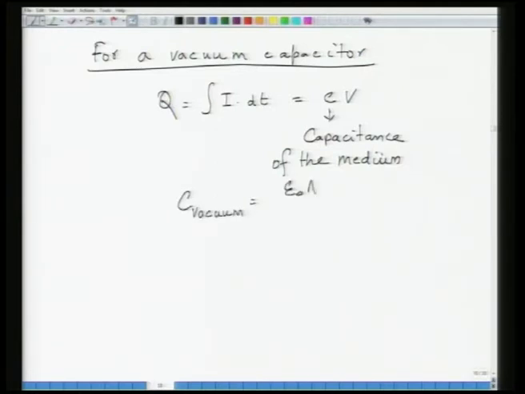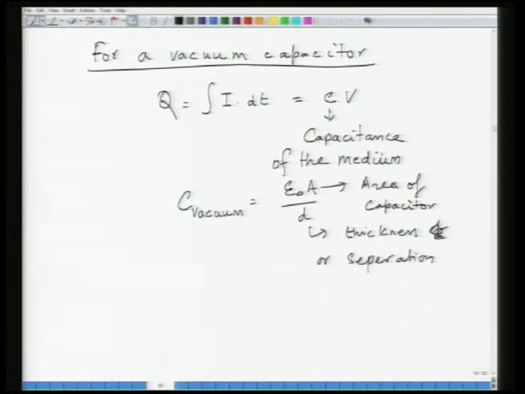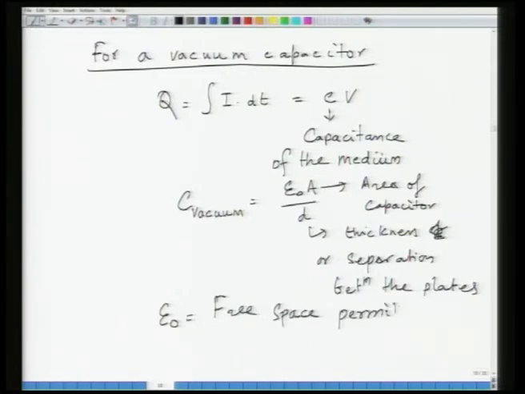is given as epsilon naught A over D, where A is the area of capacitor, D is the thickness or separation between plates, and epsilon naught is the free space permittivity, and this is given as 8.85 into 10 to the power minus 12.